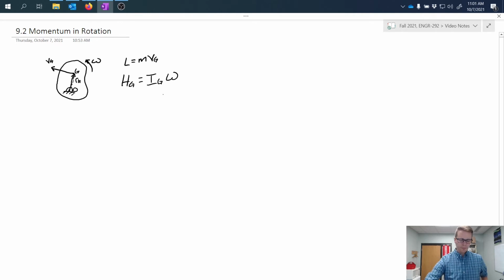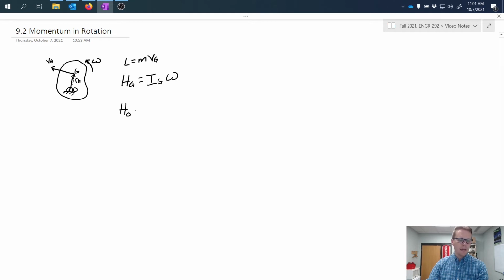So from a translation standpoint, this looks exactly the same in terms of the form of the linear momentum, in that mass becomes mass moment of inertia, linear velocity becomes angular velocity, and it all looks the same.